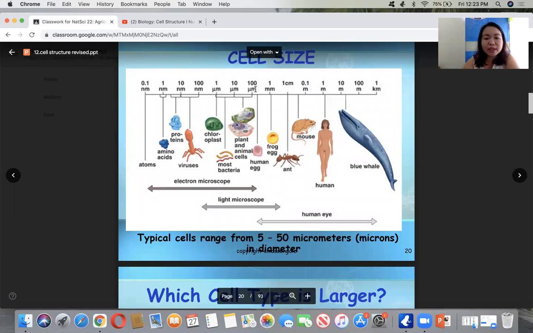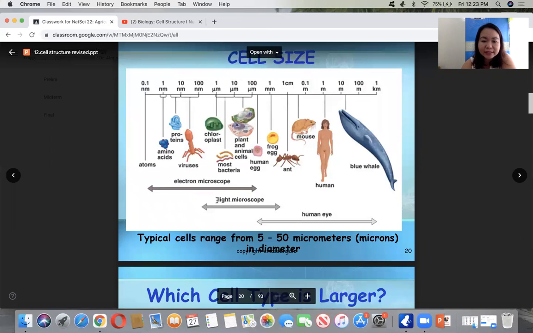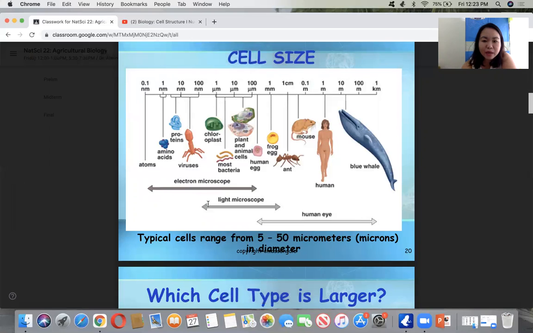From 0.1 nanometer to 100 microns, and 1 millimeter, like the frog egg, and 1 centimeter, like the ant, and so on for the mouse, human, and blue whale. As you can see, the biggest are seen with the human eye, although we can see from 100 nanometers to 1 millimeter in a light microscope as well.